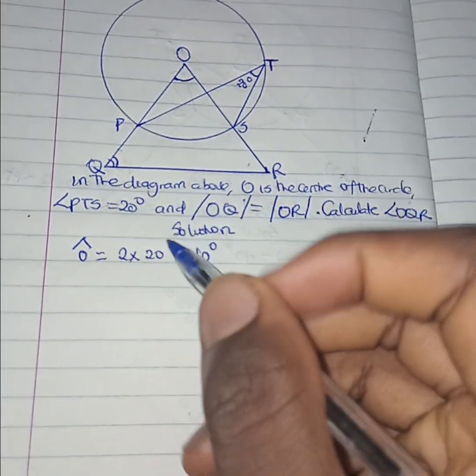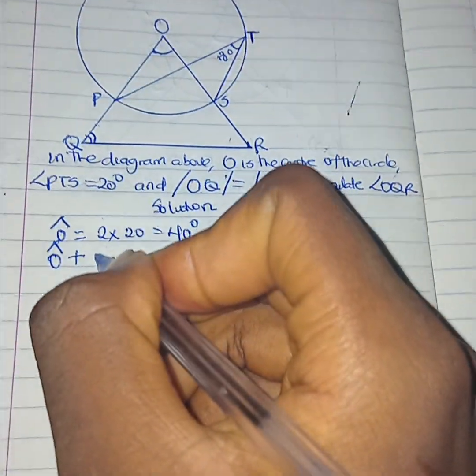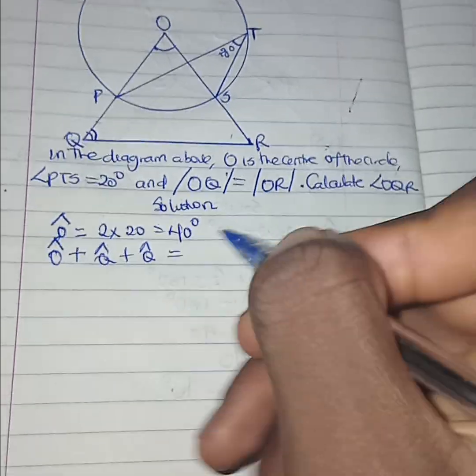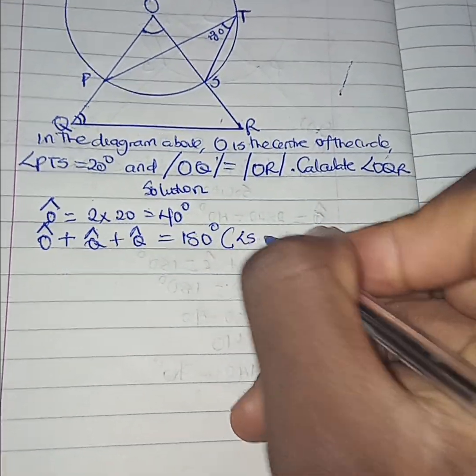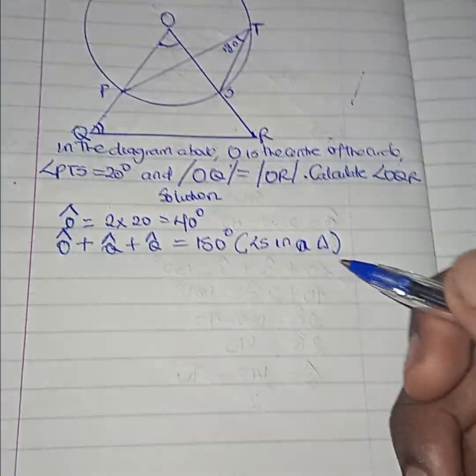So now, we are going to say that O plus Q plus Q is equal to the sum of angles in a triangle, 180 degrees. Yes, sum of angles in a triangle.